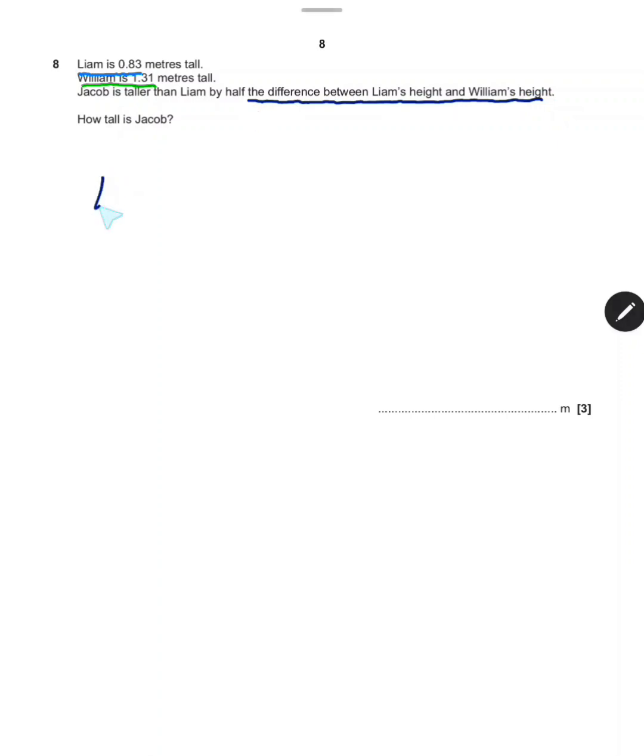Well, if William is 1.31 and Liam is 0.83, and I want the difference, then I'm going to do subtraction. Now, we can't do 1 take 3, we can't do 3 take 8, so we're going to borrow from here and change that to a 13.